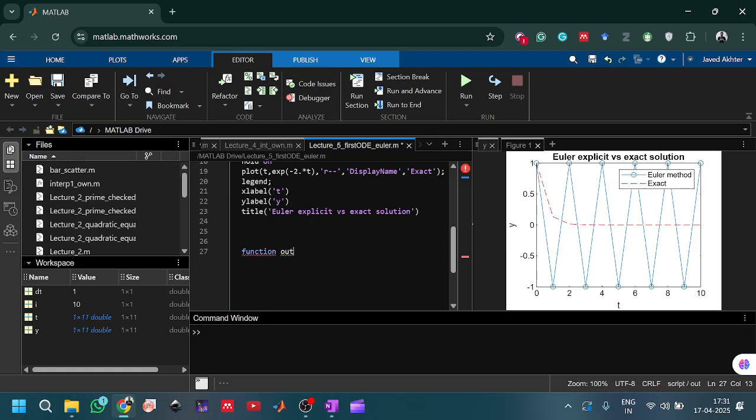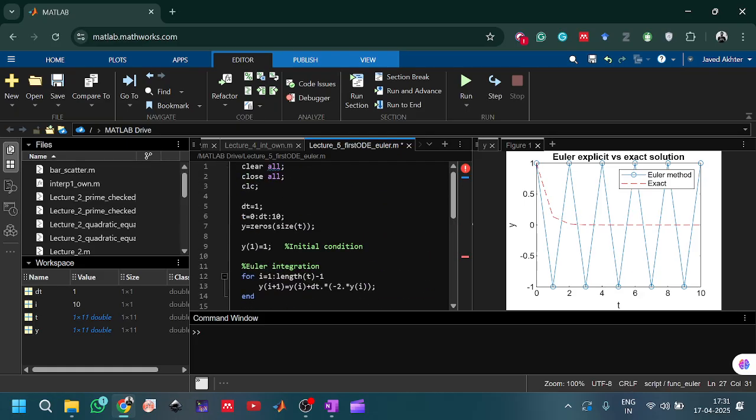So just out, maybe Euler, function Euler, and here you have to give input. So what are the inputs that you want to give? This array you should give here as an input. So t and y.